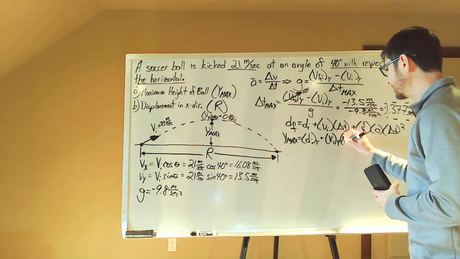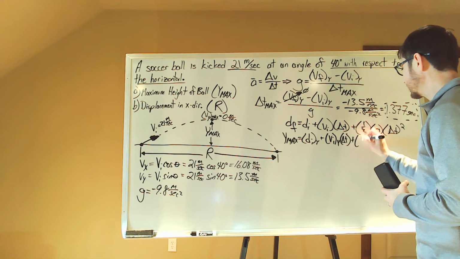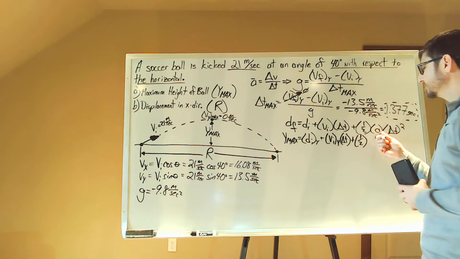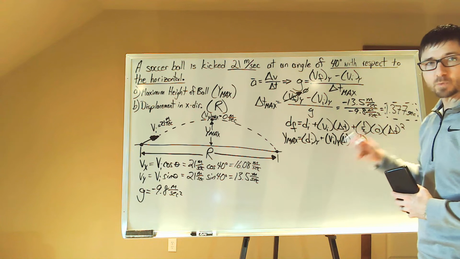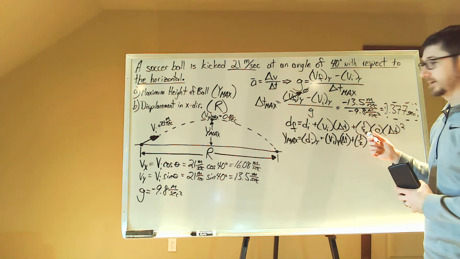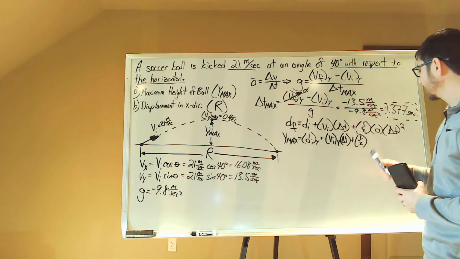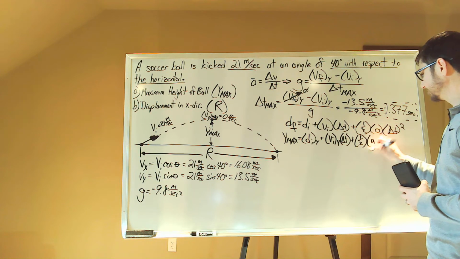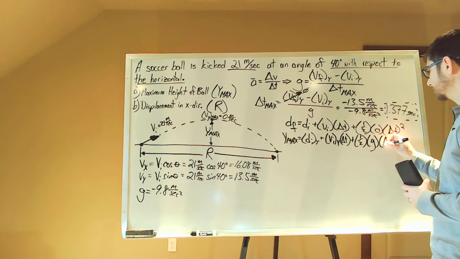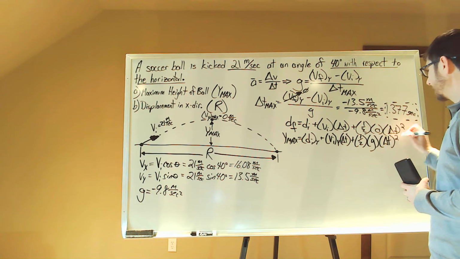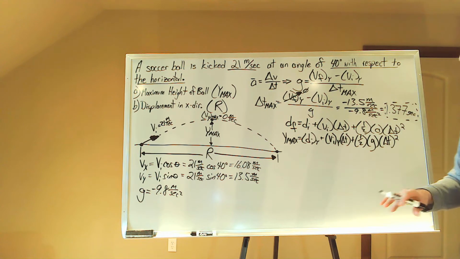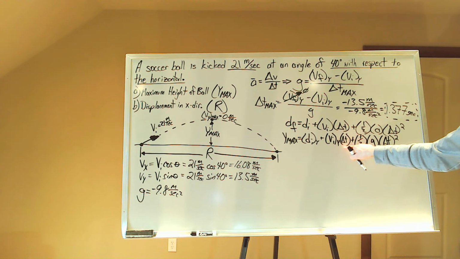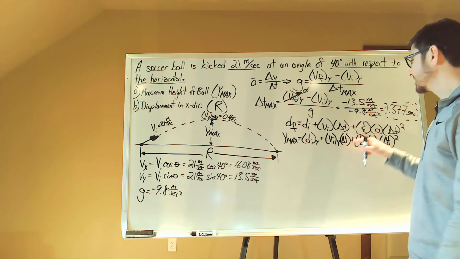So multiplied by delta t plus 1/2 times the acceleration in the y direction, and this is going to be acceleration due to gravity, times delta t squared. Now, what I want to point out here is this time is the time to maximum height.